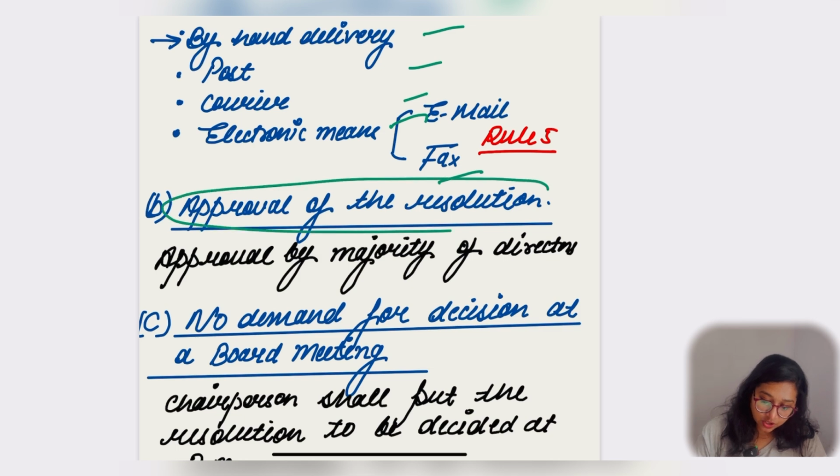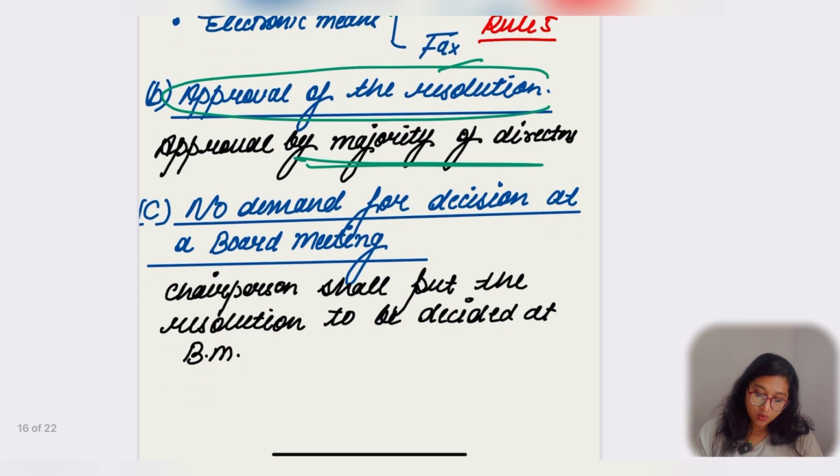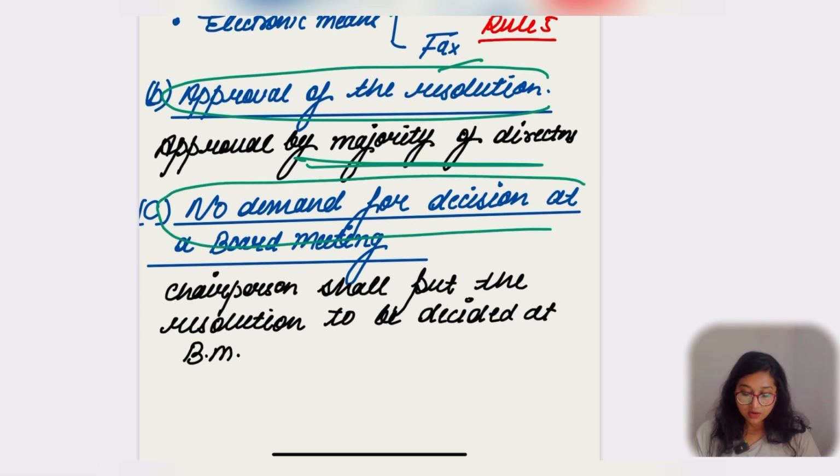Approval of the resolution is to be done by a majority of directors. Otherwise, the resolution will not be approved, until and unless a majority of directors have given consent over the topic which is discussed. Okay, so no demand for decision at board meeting. If the chairperson shall put the resolution to be decided at board meeting.